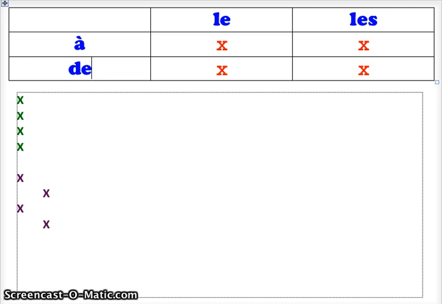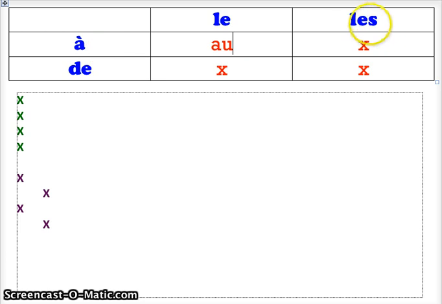Okay, let's see how the contractions are formed. In French, whenever you have à followed immediately by le, in other words, they're right next to each other, the French form a contraction. À and le become the new word au, A-U, pronounced o.